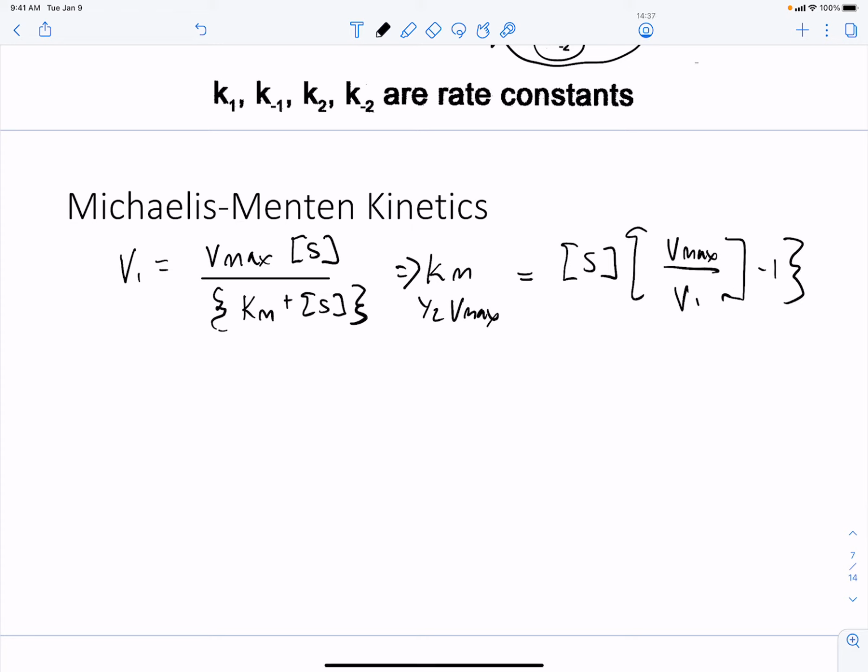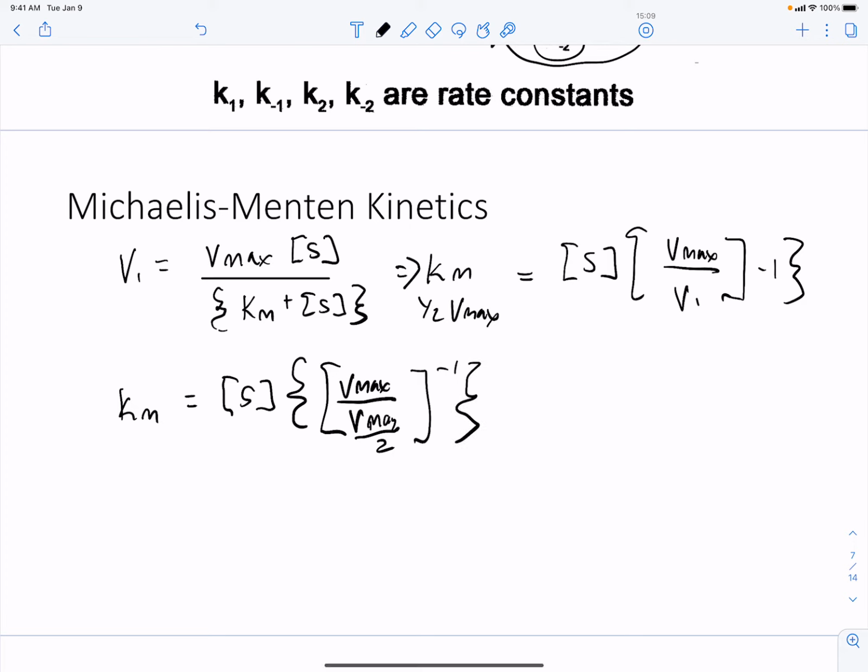And then you're going to get Km equal to the concentration of your substrate times (Vmax over V1)... which is turned into Vmax divided by 2. Make these brackets a little bigger, and this is to the -1. And then this is going to give you Km equals the concentration of S times 2 minus 1, which is Km is equal to the concentration of S.